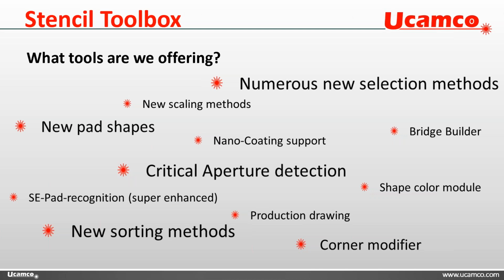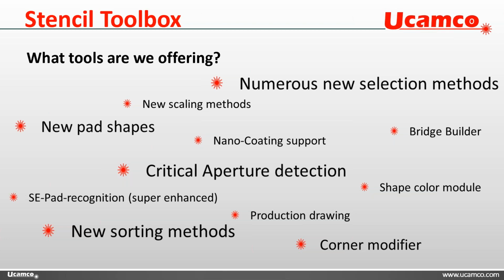Now, what tools are we offering? So we have new selection methods, because we also introduced new shapes into UCAM. For stencils you need dedicated shapes like T-shapes or home plates. We have new scaling methods. We have a critical aperture detection. That's also a nice feature.